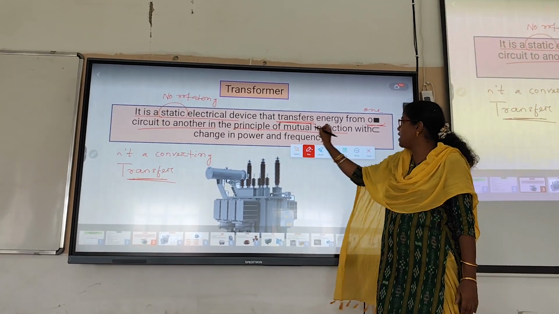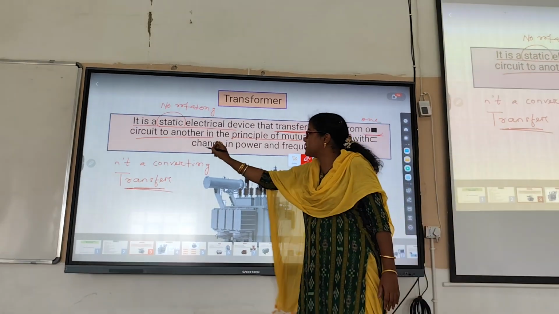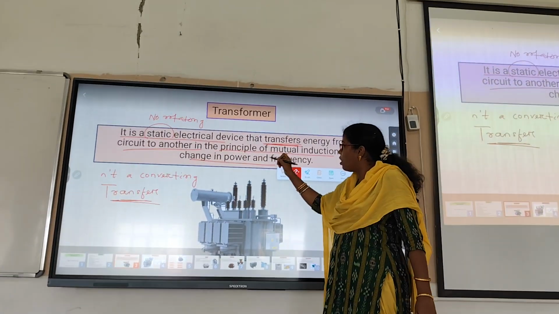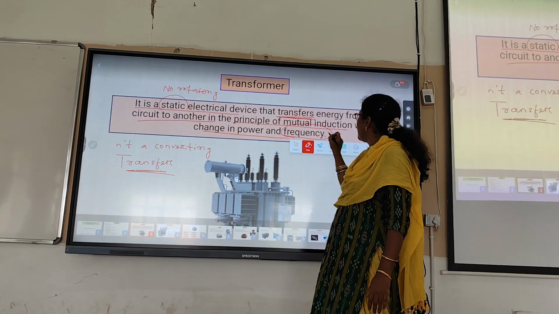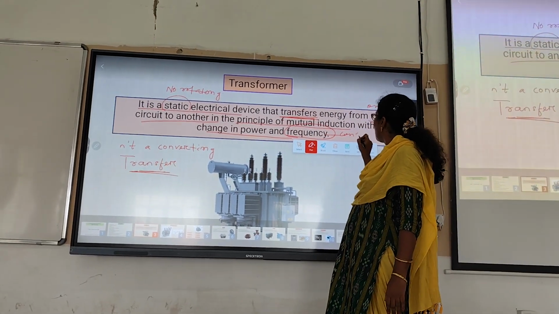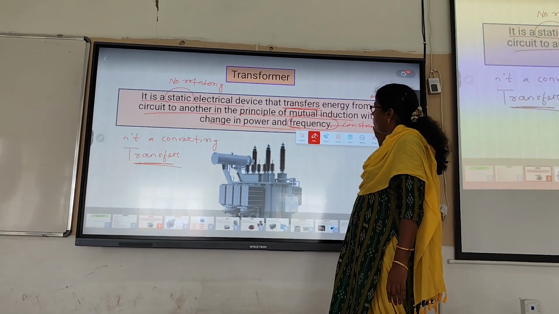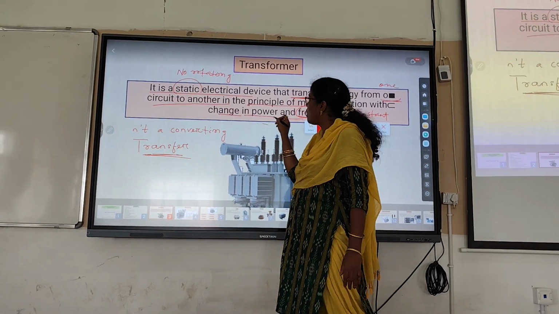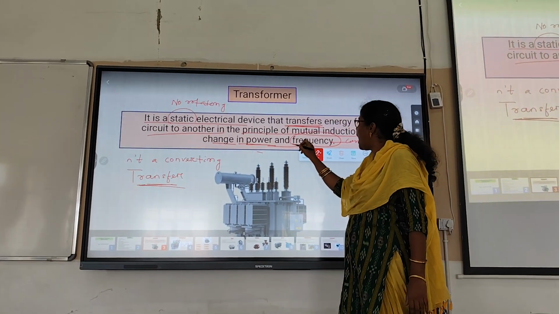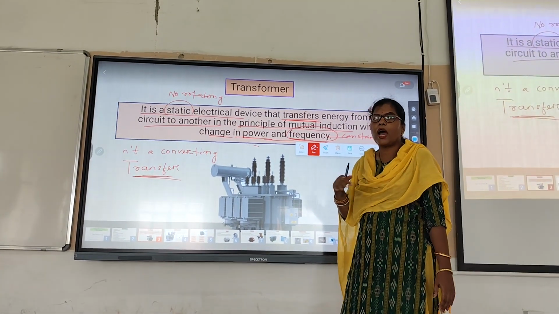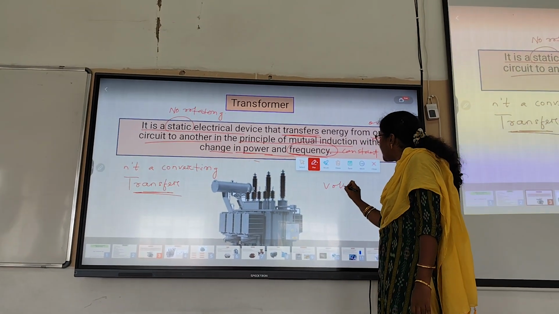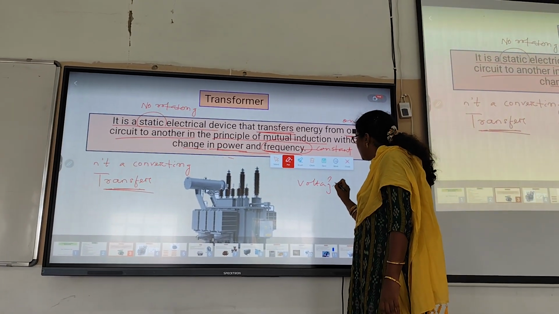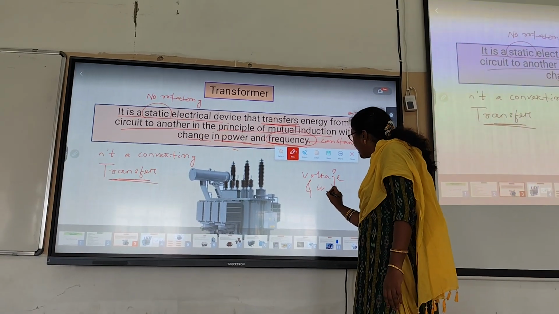So mutual induction with change in power and without changing frequency. Here frequency is constant. So what can we change? We can change only voltage and current.